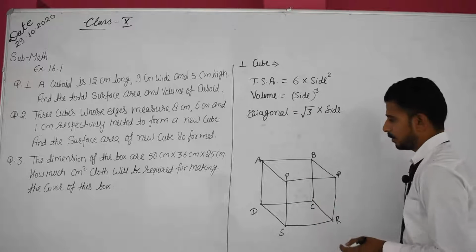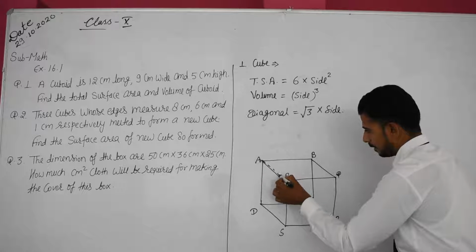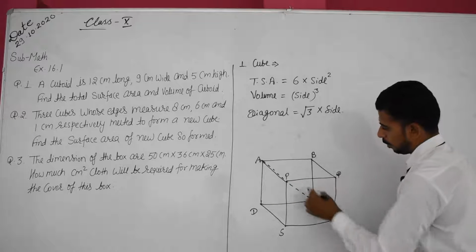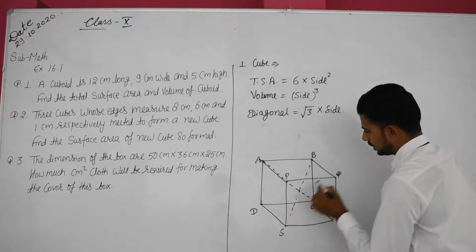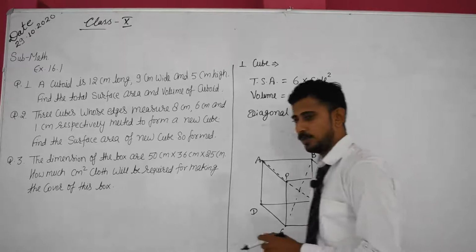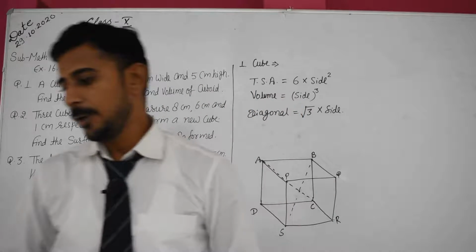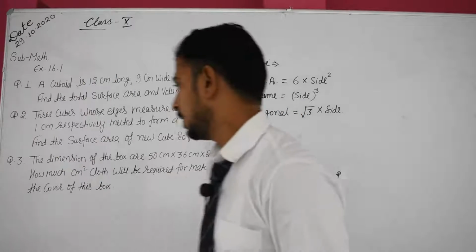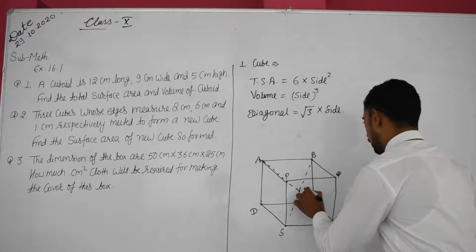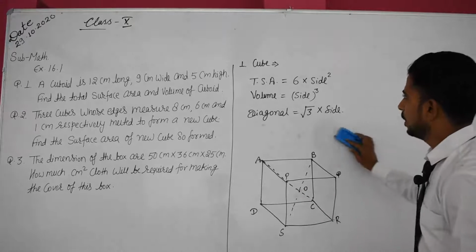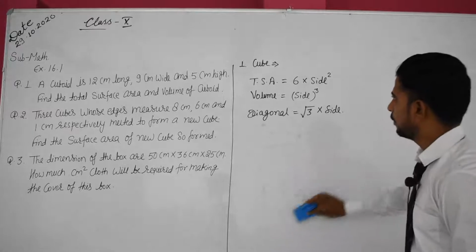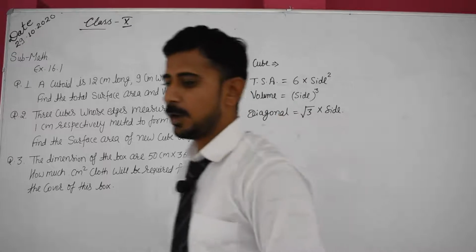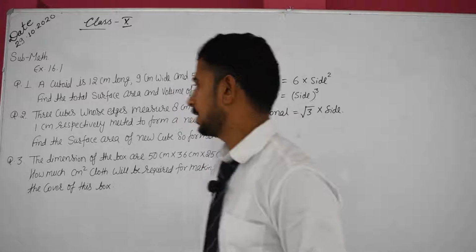In this cube, the diagonal is AC, or we can say BS. This point is the center point of the cube, or we can say the gravitation center of the cube, and we call this point O. Okay, the formulas of cube, TSA, volume and diagonal are completed.